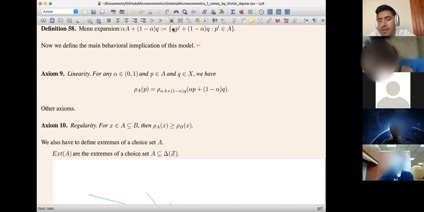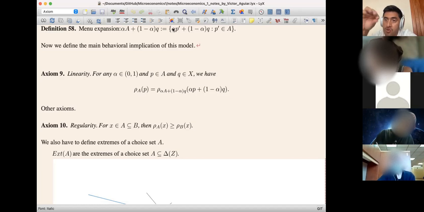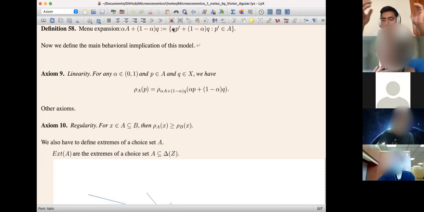Do you see why? Another way to see WARP, the weak axiom, is that if you had some alternative X chosen in a large menu, say V, and then you decrease the menu, the choice correspondence has to still contain X. Because when you reduce the menu, these possible desirable things disappear.